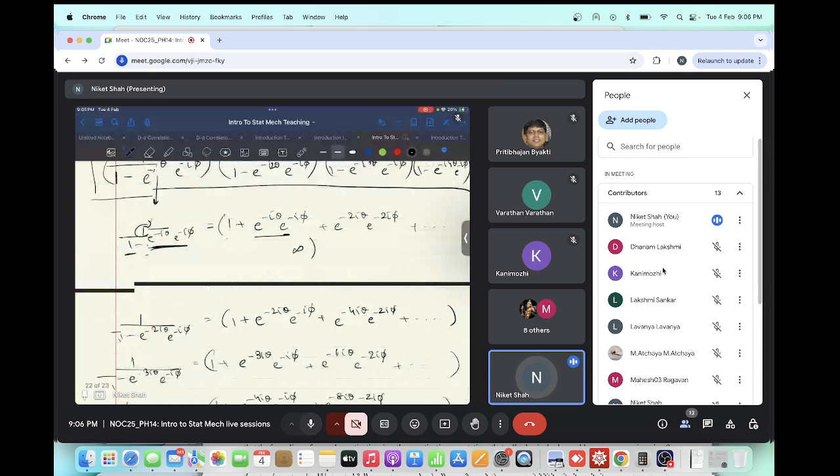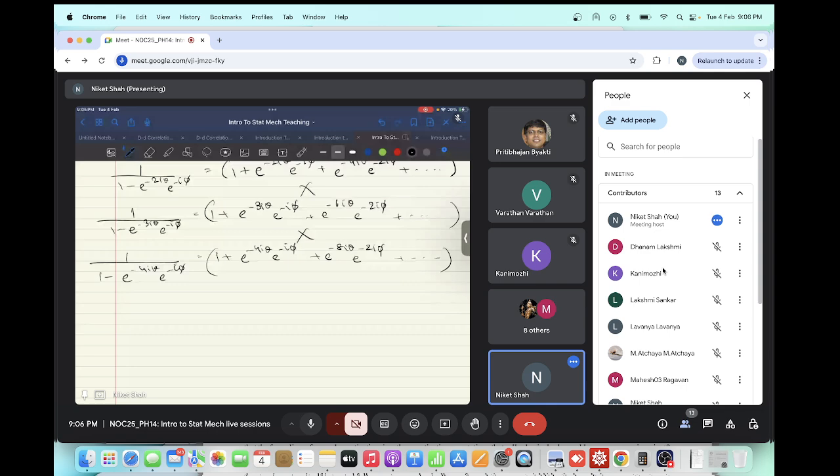I'm just writing down the bracket terms. 1 plus e raised to power minus 2 I theta. I'll write down terms only, like the first three terms only I'm multiplying. Others I'll keep as unknown terms. I will multiply only three terms.